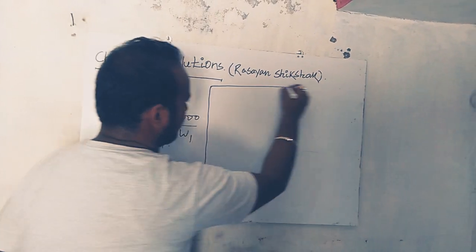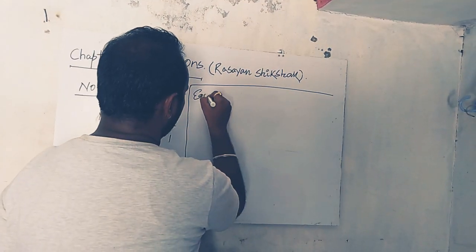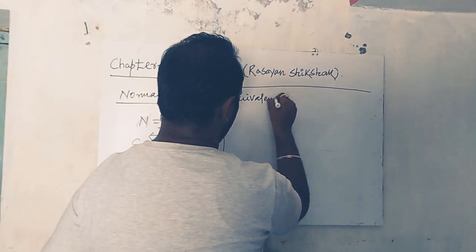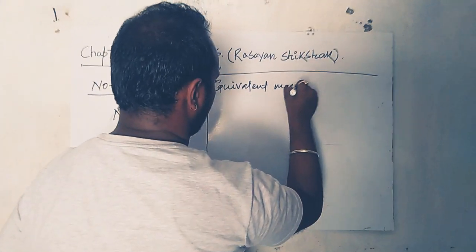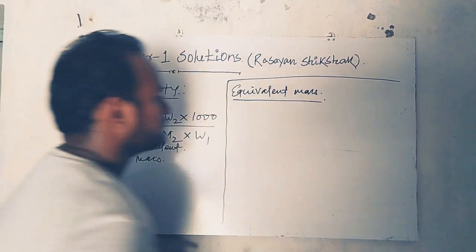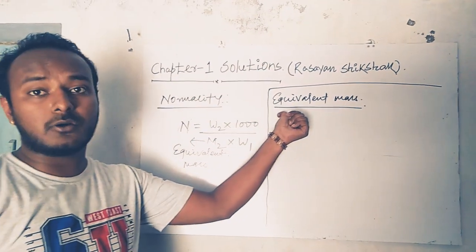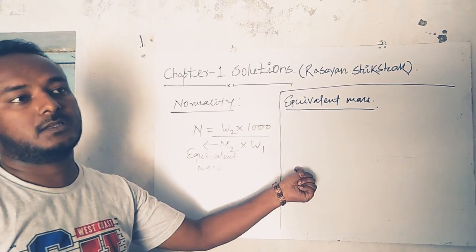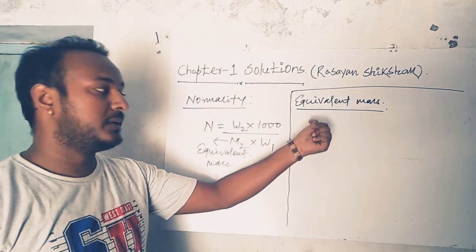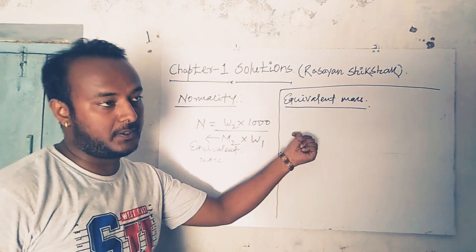Now we have to be familiar with the topic equivalent mass. I hope that you will note down all the formulas related to equivalent mass, because this is totally a new topic for you.